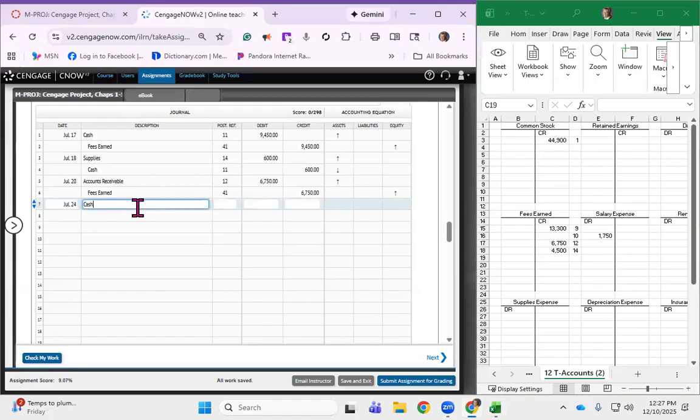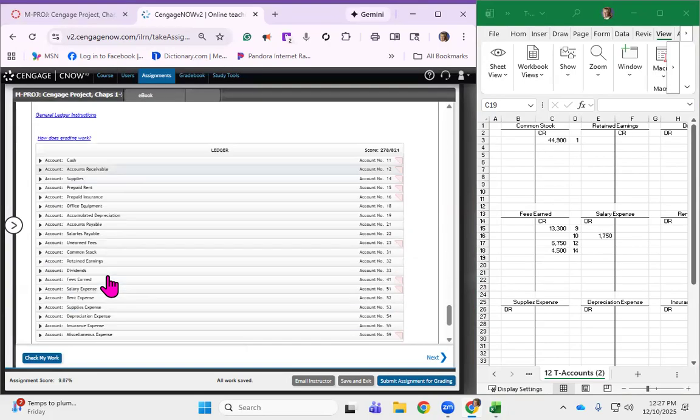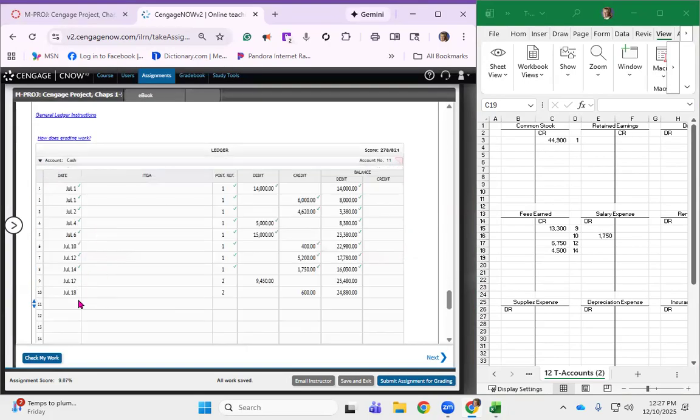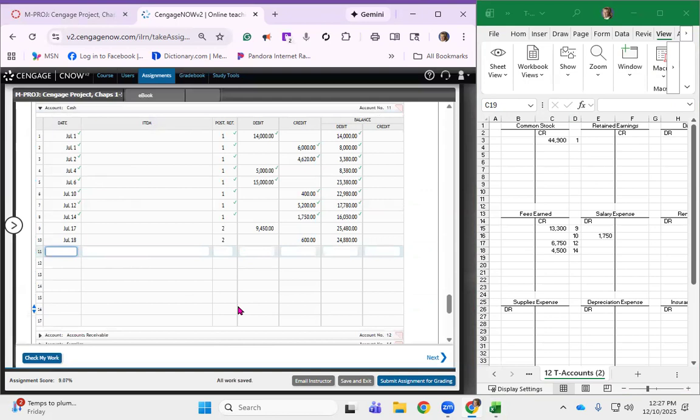Okay, so cash is coming in, $4,500. Fees earned, $4,500. Let's go to the ledger. Okay, so cash gets opened up. This is on line 11. So this is July 24th, page 2. We're getting the cash. So we're going to add 4,500 to the running total.